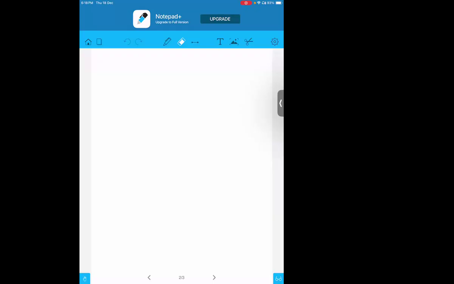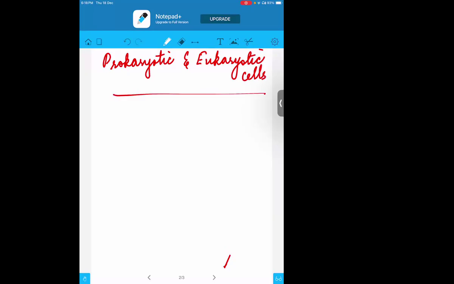Now moving to the next topic, a very important topic, which is the difference between the prokaryotic and the eukaryotic cells. When we talk about these two names, prokaryotic, this karyotic word is basically derived from the word karyon, which means the nucleus.